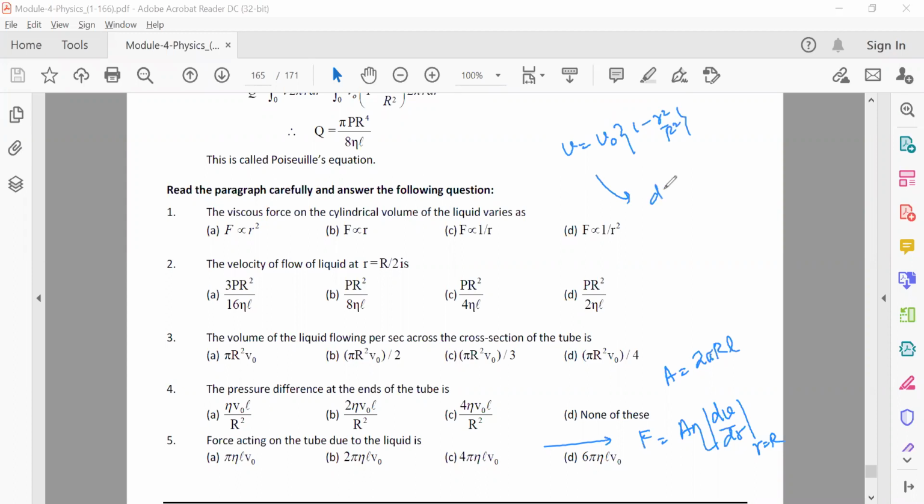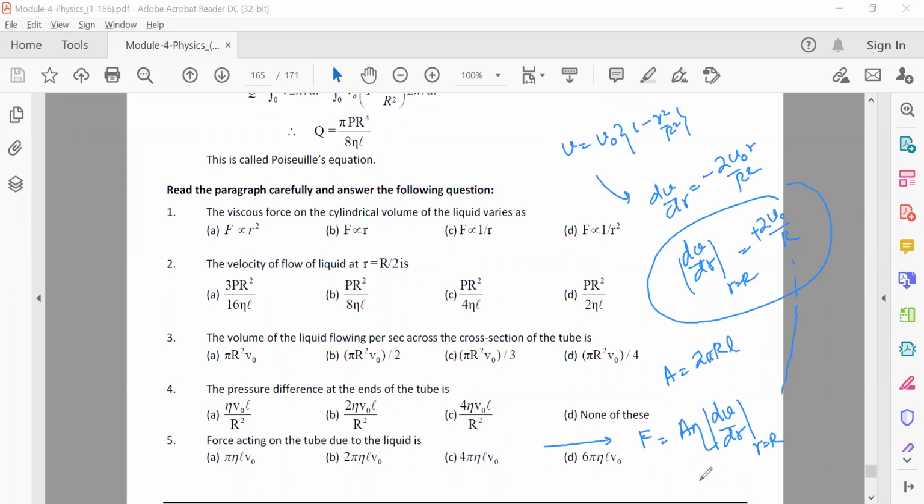So what is our velocity gradient? It is minus of 2 V naught r by R square, right? So the magnitude of velocity gradient at the point r equal to capital R is how much? It is minus 2 V naught by capital R. Magnitude is just 2 V naught by R. So substitute that. Okay. So this is 2 pi R L into eta into 2 V naught by capital R. So this should give you the force.